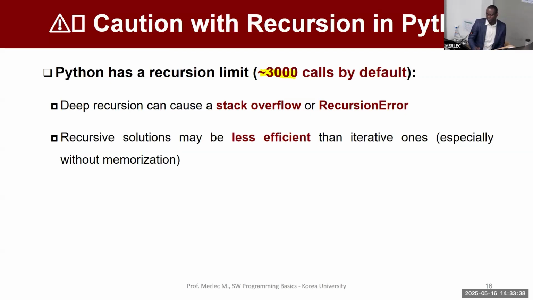So be aware of that, because if you don't set that up properly, you may face cases of stack overflow where the memory cannot sustain the storage of the intermediary steps. This can lead to an error like a recursion error because the stack has been full. There is no space to put values.